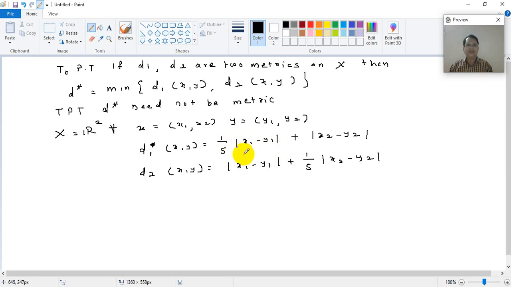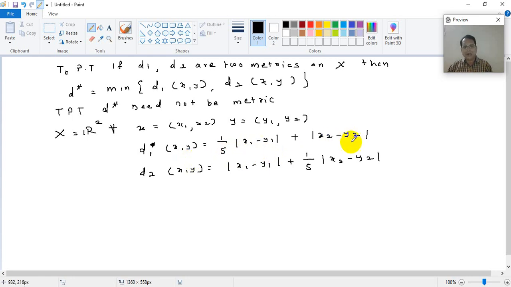This is the usual metric on the set of real numbers, mod of x1 minus y1, and this is also a metric.